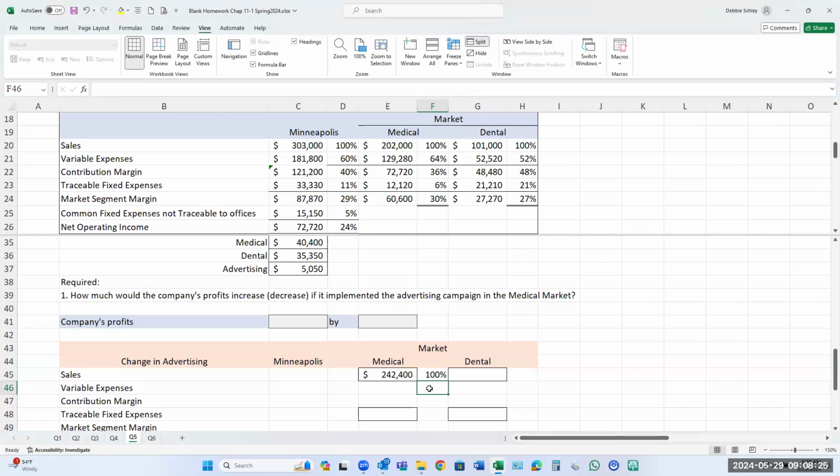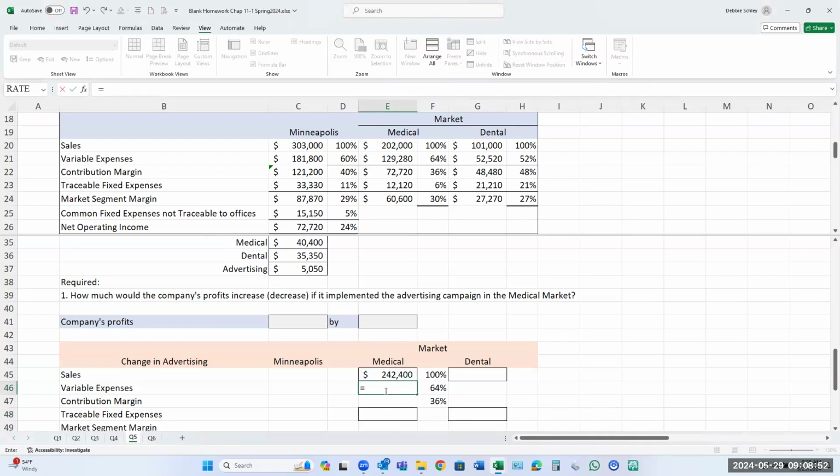This is 36%. Or not 36, holy cow, 64, 64%. So those 2 ratios stay the same. And actually, the contribution margin is also 36%. So down to there, it stays the same.